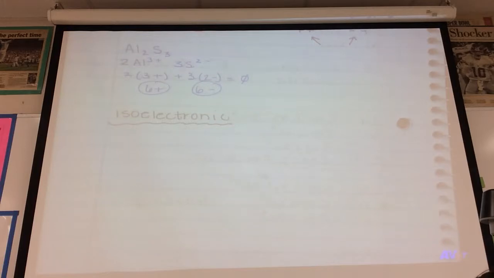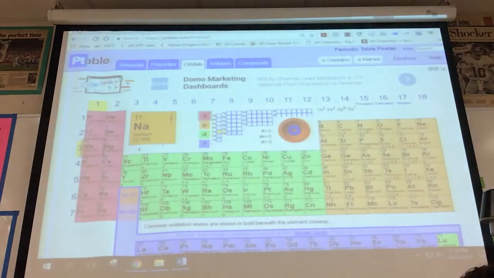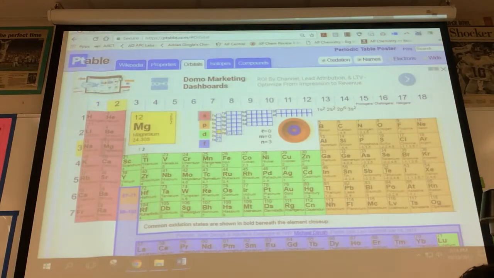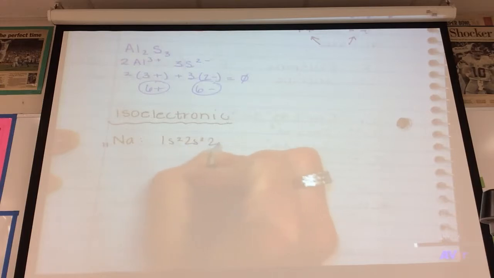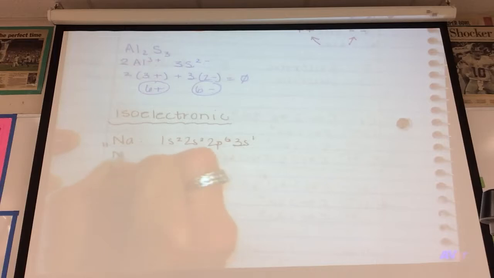So let's put that into English. Let's say that we're looking at a periodic table and we're going to focus, for example, on a sodium ion and a magnesium ion. Sodium atom with 11 electrons is 1s2, 2s2, 2p6, 3s1. The sodium ion will lose one electron.